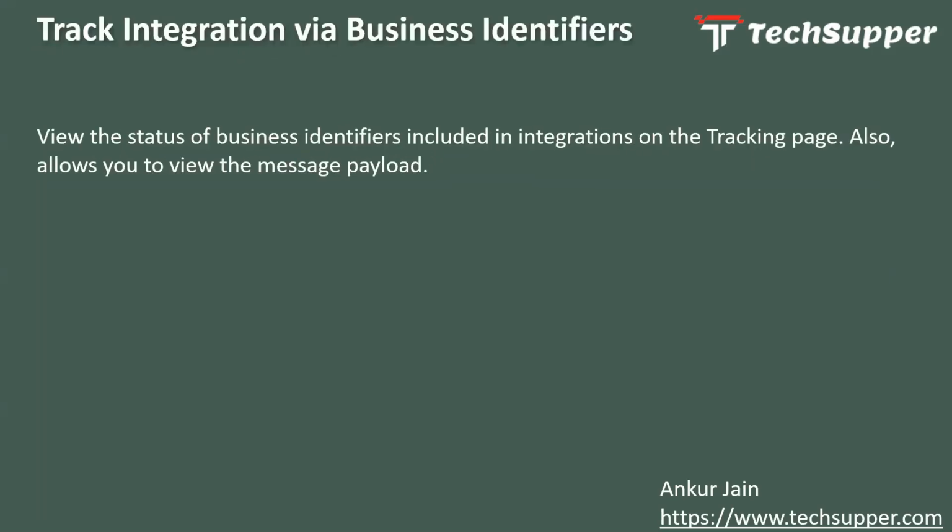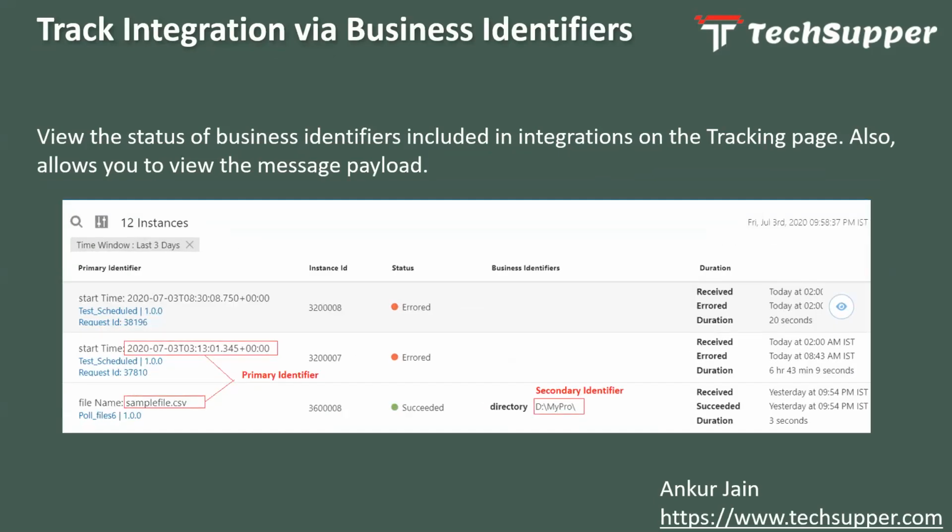Track integration via business identifiers. There's another screen called tracking. This screen will allow you to track your integrations based on the business identifier which you choose before you activate your integration. View the status of business identifiers included in integrations on the tracking page.